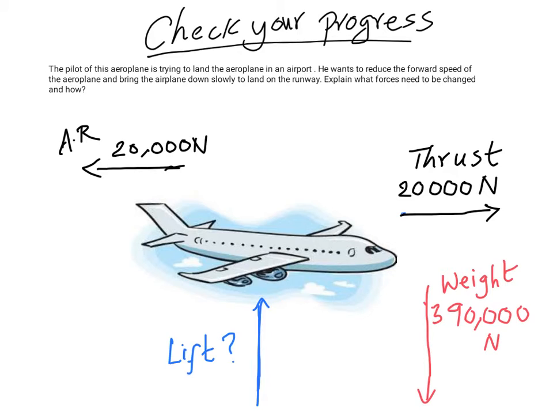So this plane is flying at a uniform speed. The pilot wants to land the aeroplane on a landing strip, on the runway, and the lift force is the force on the wings provided by the engine.